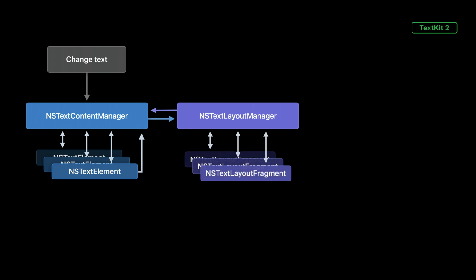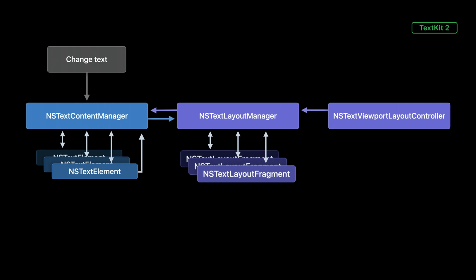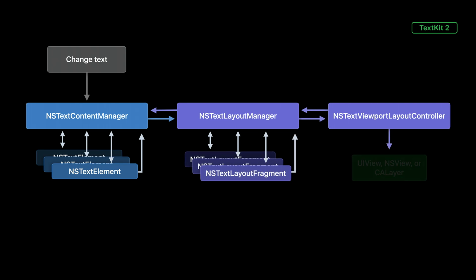Then the Text Layout Manager lays out the elements into the text container and generates layout fragments that contain the layout and positioning information. When it's time for display, the layout fragments are handed off to the Viewport Layout Controller, which coordinates the positioning and layout of those fragments in your rendering surface of choice, whether it's a view or a layer.